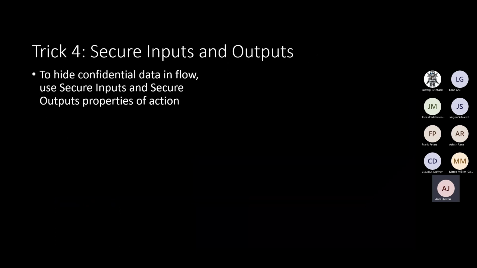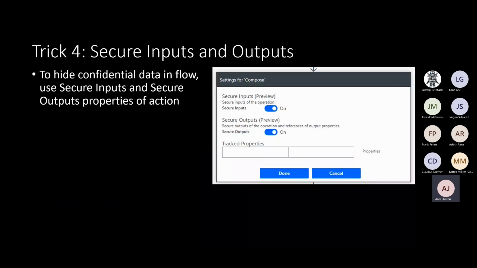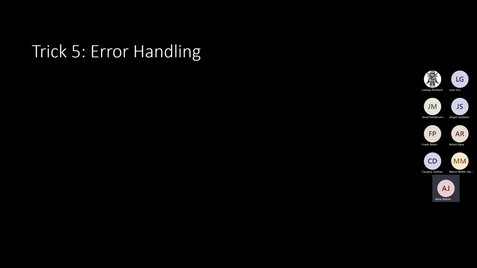Then also, for example, if you're using some passwords or some API key in your flow, it's good to secure the input and output of your flow. So from the flow run history, no one can see those API keys that you have used in your flows. It will protect the confidential data.